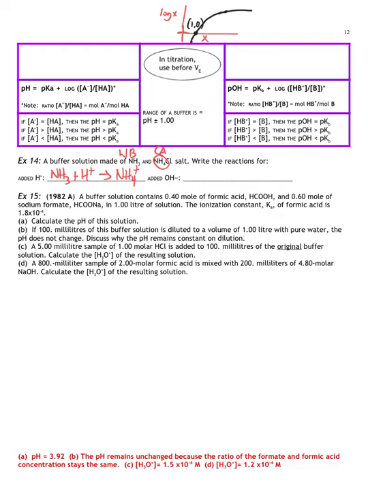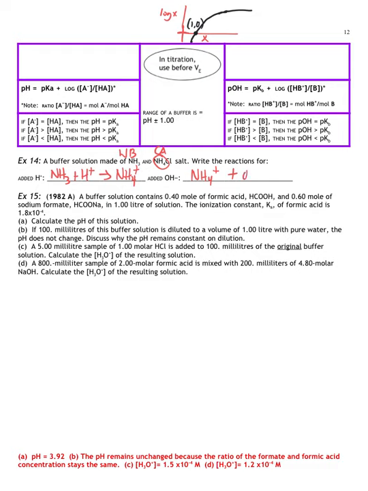And then, of course, when you're adding OH minus, the conjugate acid is going to react with the hydroxide ions. So we're going to show just that part, NH4 plus, not Cl, because it's going to be a very soluble salt with ammonium in it. We know that's quite soluble.